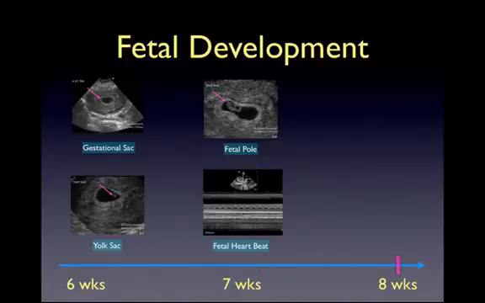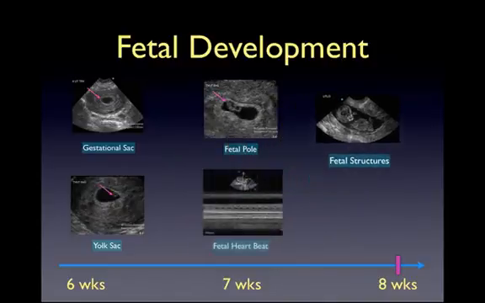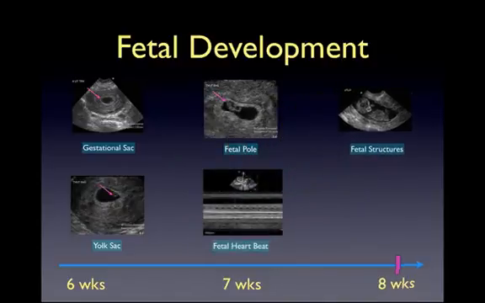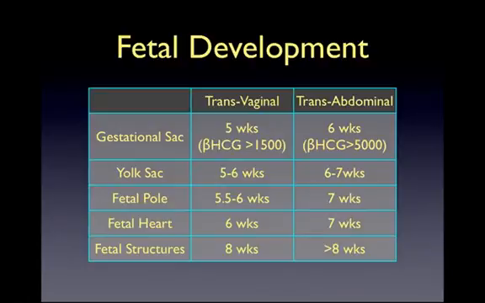At 8 weeks onwards, fetal structures have begun to develop and can be visualized on transabdominal ultrasound. This is a chart outlining the earliest gestational age at which structures of fetal development are seen on the transvaginal and transabdominal approach, with structures identified on transabdominal approach 1 to 2 weeks after they can be identified on the higher resolution transvaginal approach.